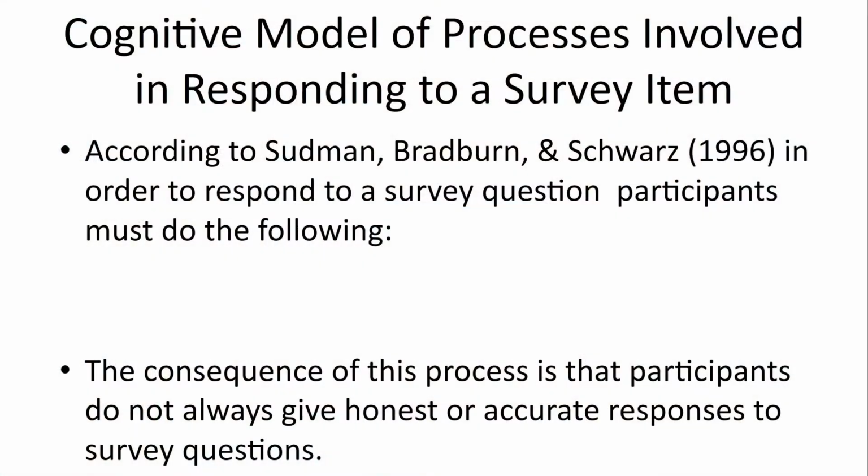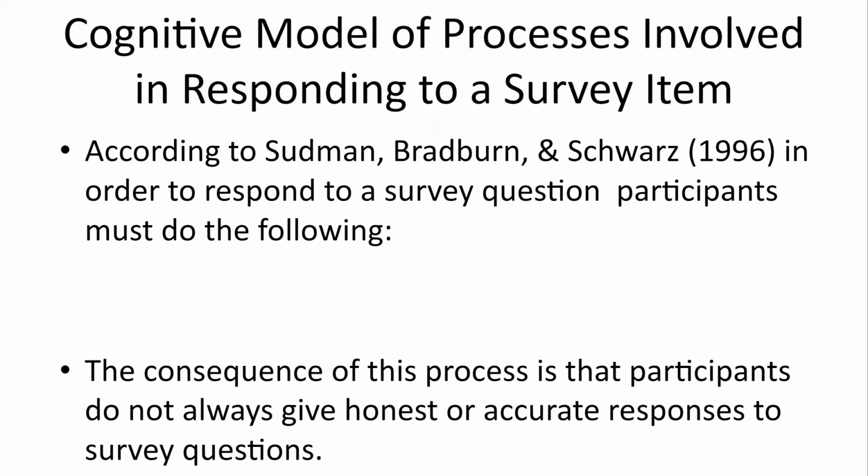So in order to try to figure out exactly what's going on in the participant's head, we've developed something called the cognitive model of processes involved in responding to a survey item. This comes from research by Sudman, Bradburn, and Schwartz. They argue that in order to respond to a survey question, participants must do the following.